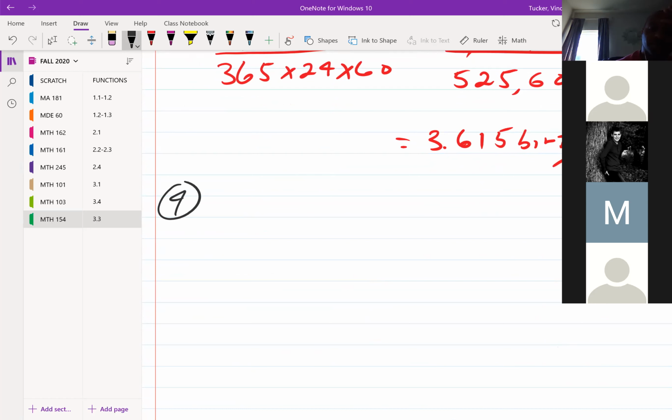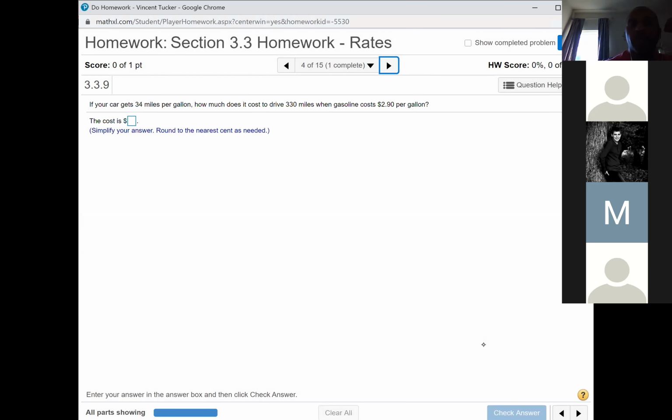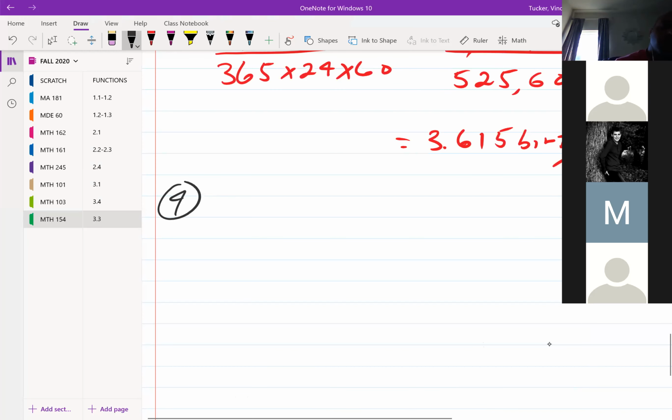So far, so good. All right, your car gets 34 miles per gallon. How much does it cost to drive 333 miles when gasoline costs $2.90 per gallon? All right. So we get 32 miles per gallon.